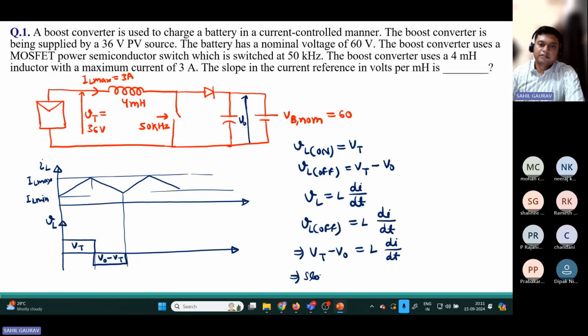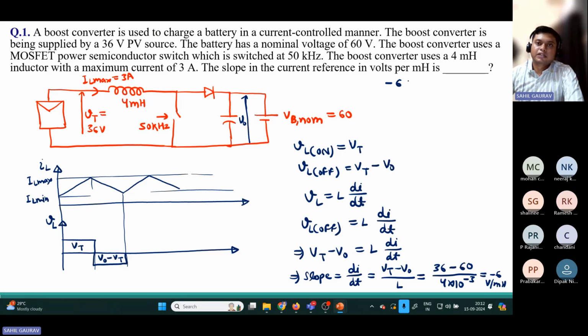So slope will be Vt minus V naught upon L. So Vt is 36 volt and V naught is 60 volt and L is 4 millihenry. So it will give you minus 6 volt per millihenry. So the slope of current, in volts per millihenry, is minus 6 volt per millihenry, the answer.